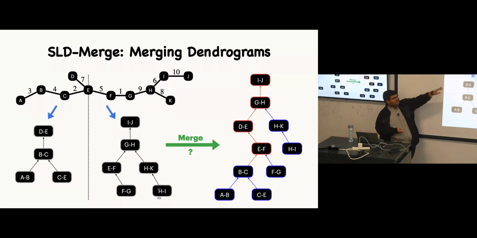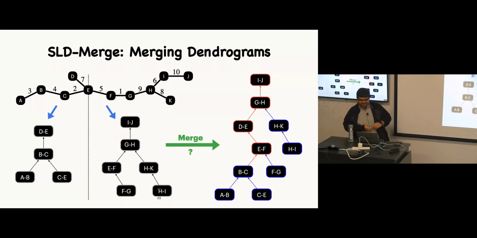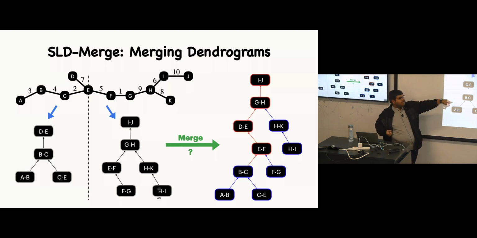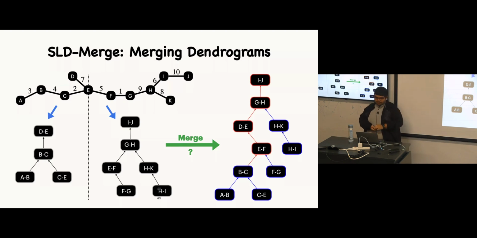The idea is that the things that actually change when we merge the two dendrograms are just going to be nodes along a certain node to root path. So it's always going to be on some path in the output.